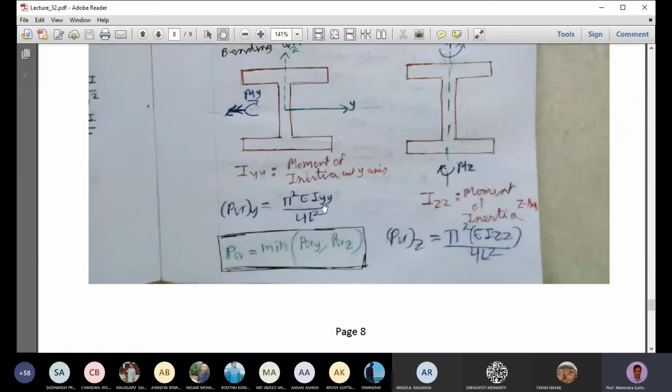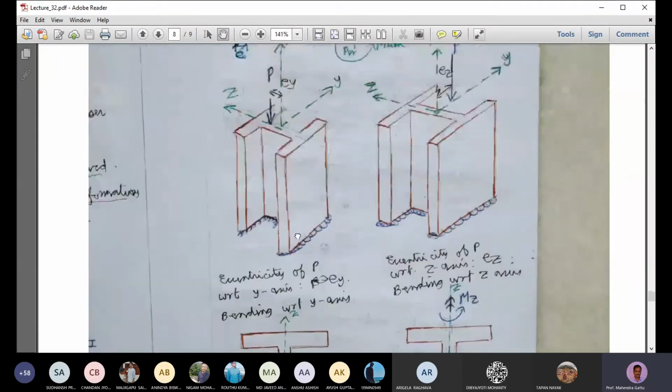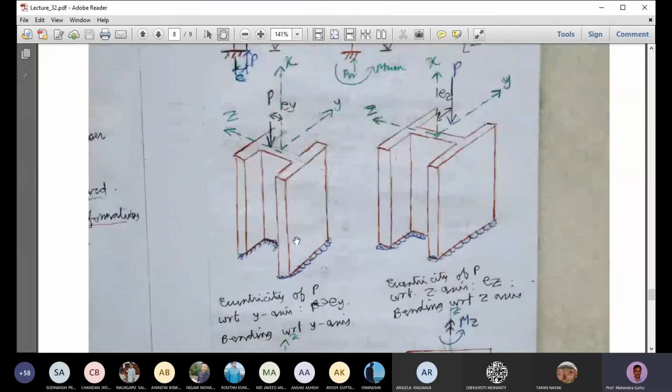If you see here, the smaller the I value, the lower is the P critical. So it will probably fail in the direction where the moment of inertia is lower. For an I section, Iyy usually will be higher than Izz, so it will fail more by lateral bending, that is bending about the z-axis.